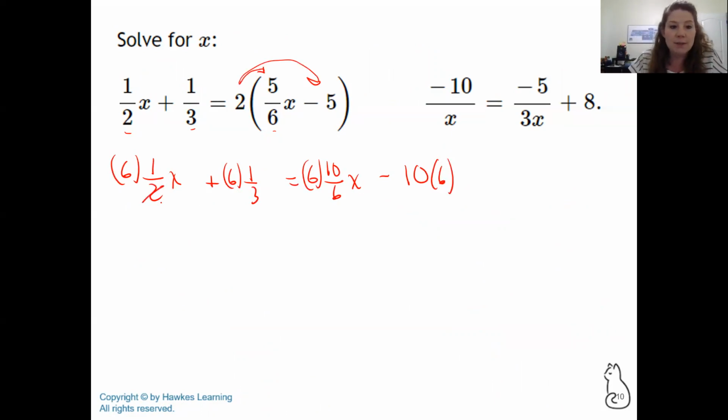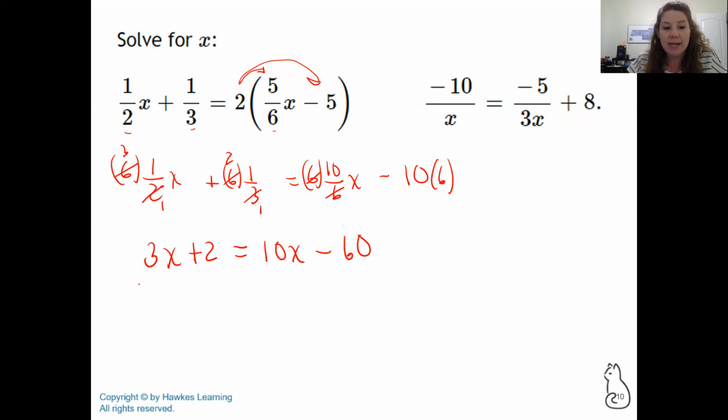All right, so 2 divided by 2 is 1, 6 divided by 2 is 3. 3 divided by 3 is 1, 6 divided by 3 is 2. My 6's go away. All right, so 1 times 3x is 3x, plus 2 times 1 is 2, equals 10 times x is 10x minus 60.